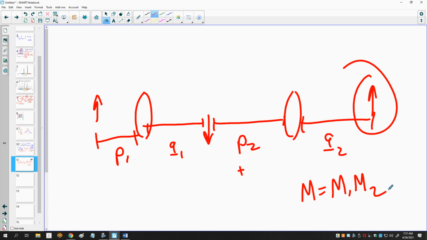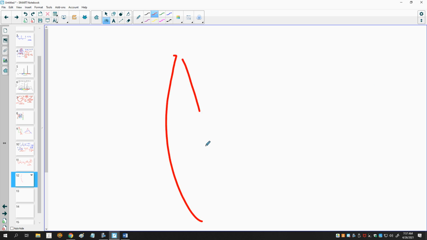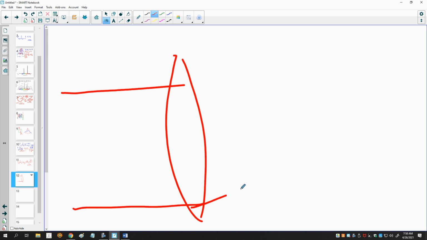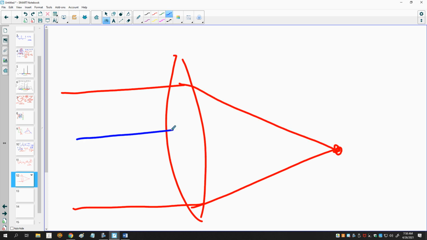Also be able to describe, draw a diagram, and calculate the spherical aberration of a lens. So in a lens, what I have is that light rays that come on the outer part of the lens will focus here. Light rays, on the other hand, that come to the inner part of the lens will focus here.